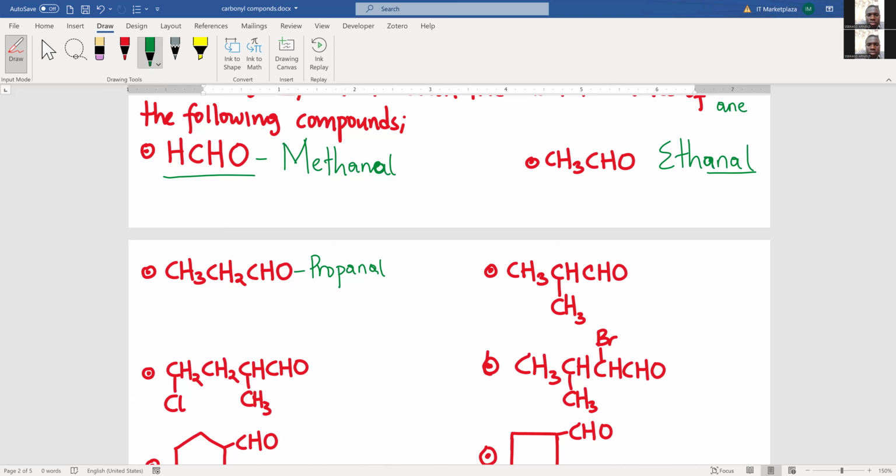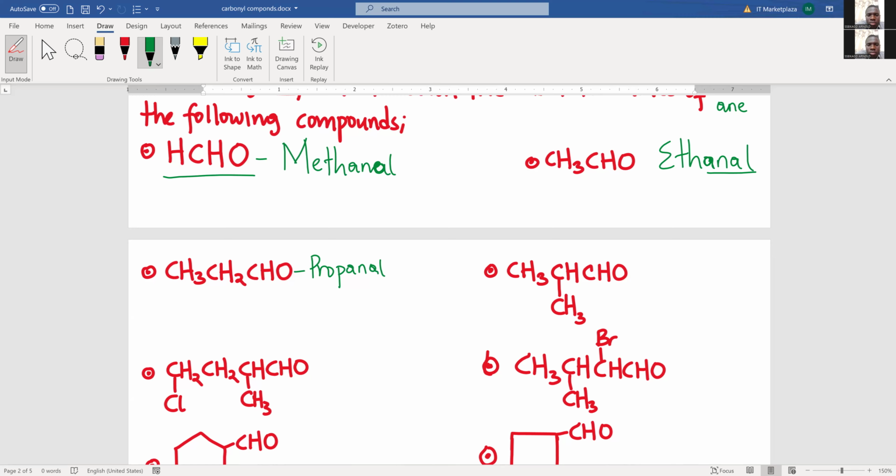Then for the fourth example, I have a branch. You can see that the parent chain, which has 3 carbon atoms, has a group appending from it. Therefore, if I have a group appending from the parent chain, I number the carbon atoms within the chain to identify the least position of the functional group and also the position of the group appending from the parent chain.